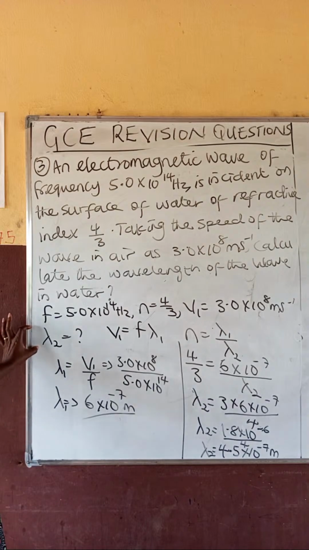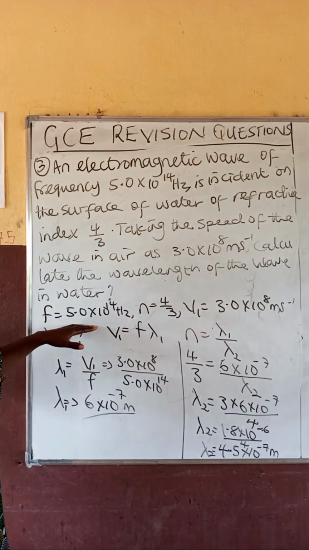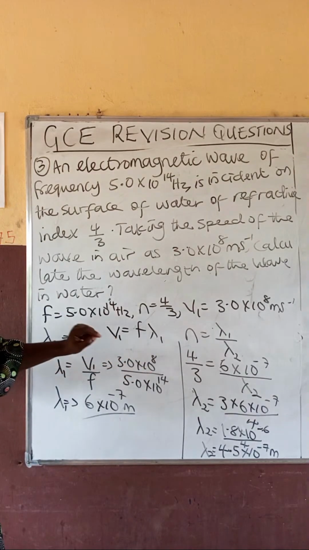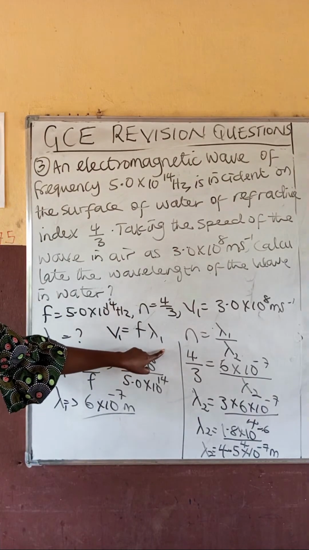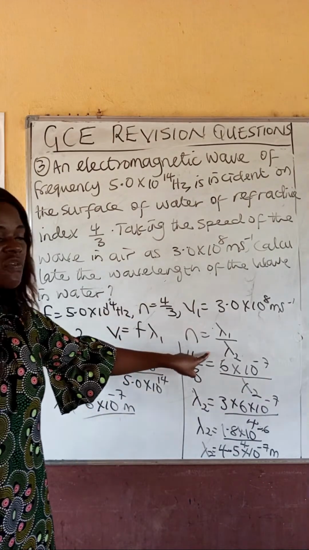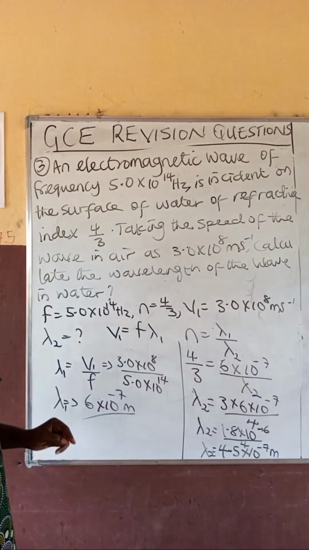We're looking for the wavelength, that is lambda in medium 2. But from the question, we are not given the lambda in medium 1. So what we are going to do is to state all these parameters and use V is equals to F lambda to get the wavelength in medium 1. Once we get it, we now use the formula of refractive index and put in what we have to solve our question. Is that clear?